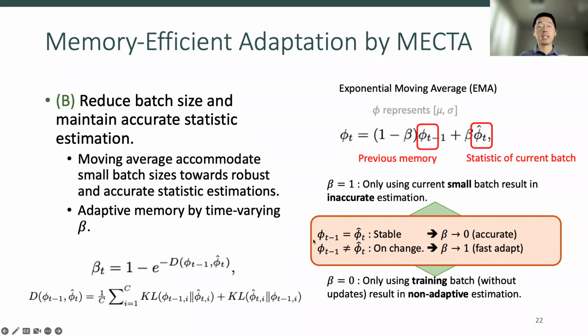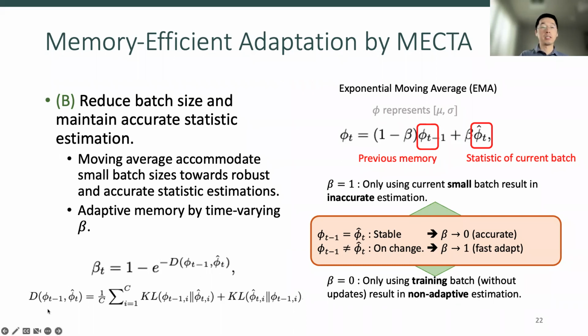If the previous statistics are the same as, or approximately similar to, the current statistics, then we want beta to gradually vanish to 0. Otherwise, we want beta to gradually increase to 1, such that it can quickly adapt to the new data distribution. So we propose a heuristic strategy where beta is defined by the similarity between the past statistics and the current statistics.